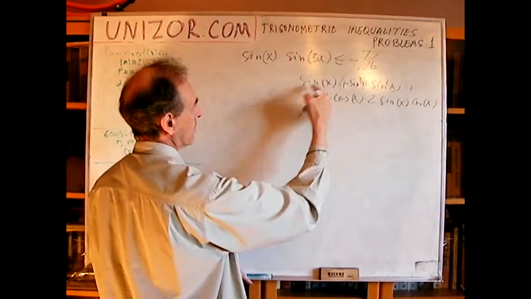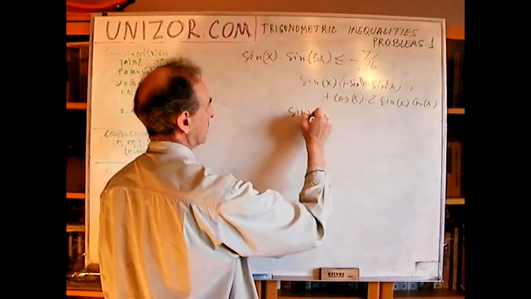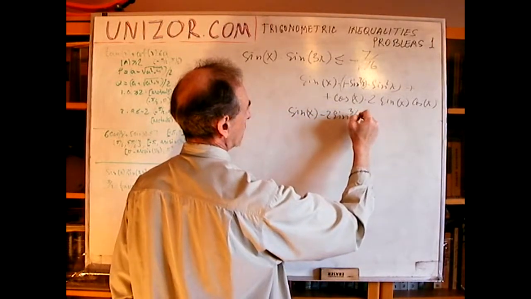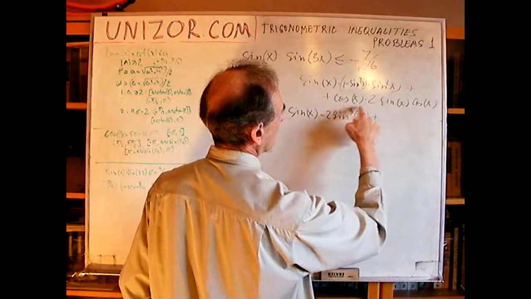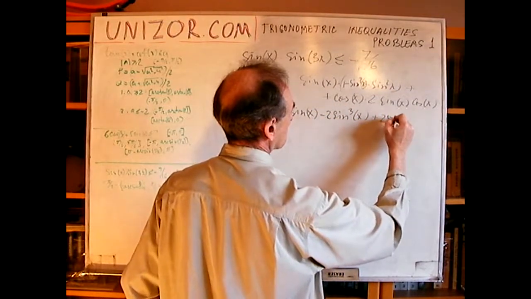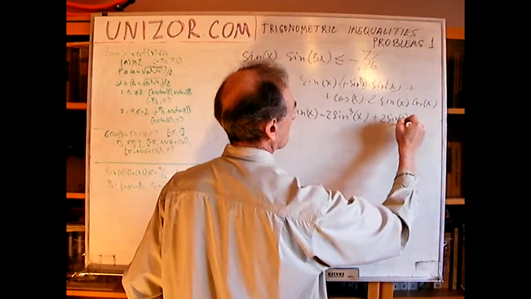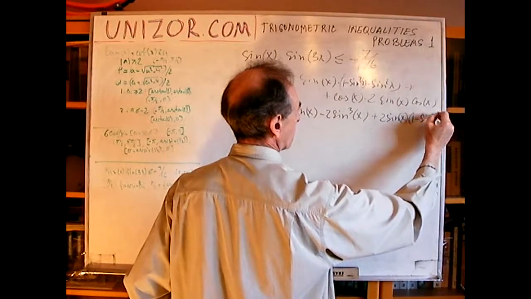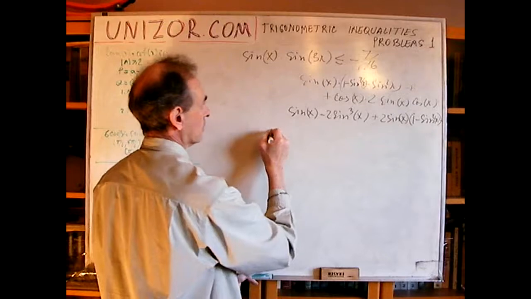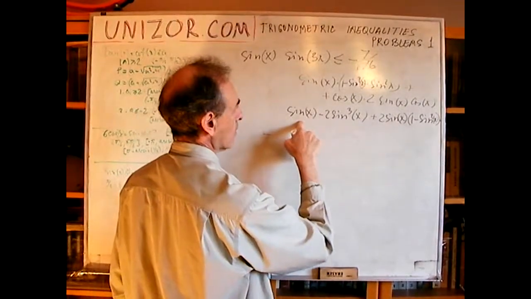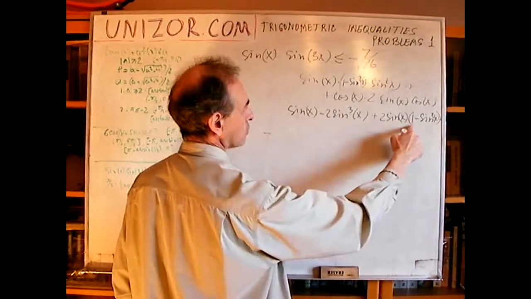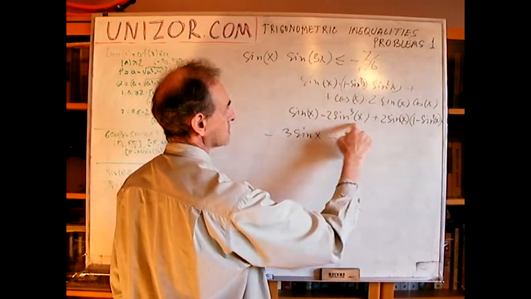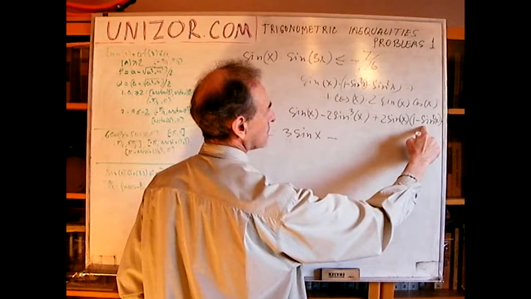So if I multiply by sine, it will be sine x minus 2 sine cube x plus 2 sine x times cosine square, which is 1 minus sine square, equals sine x and 2 sine x would be 3 sine x minus 2 sine cube and minus 2 sine cube.